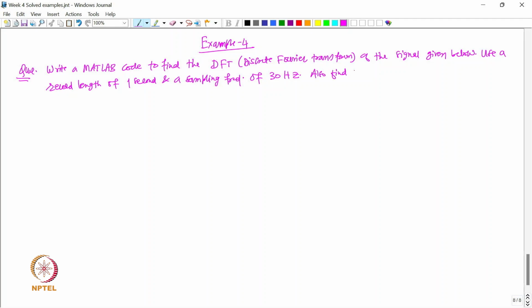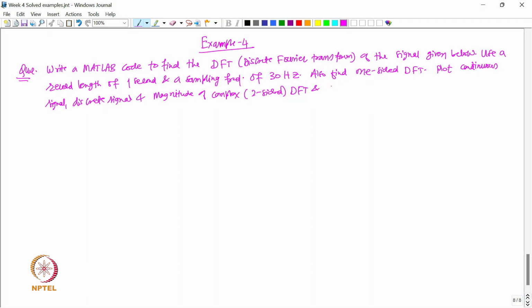Also find the one-sided DFT, and plot the continuous signal, the discrete signal, and the magnitude of the complex, that is two-sided DFT, and the one-sided DFT.